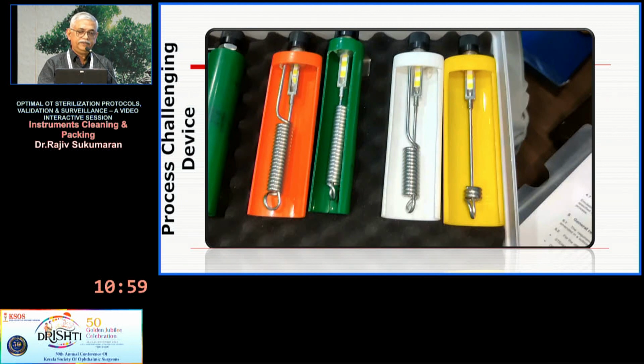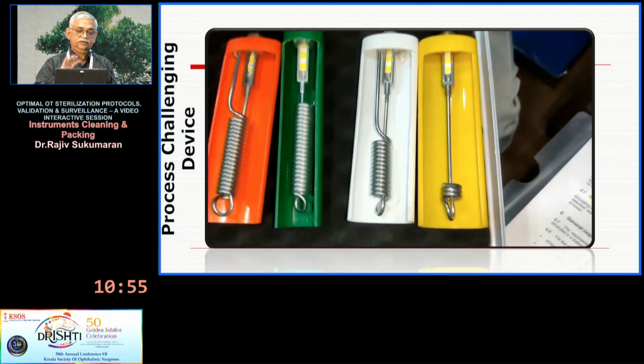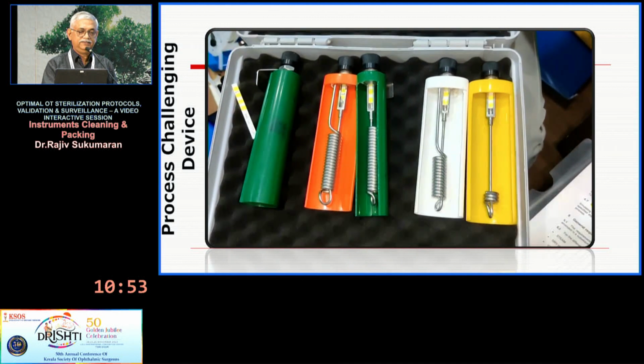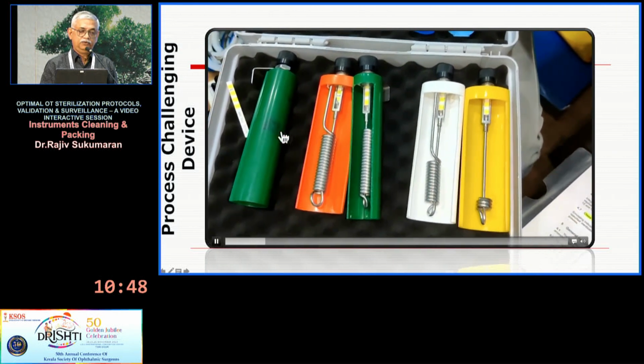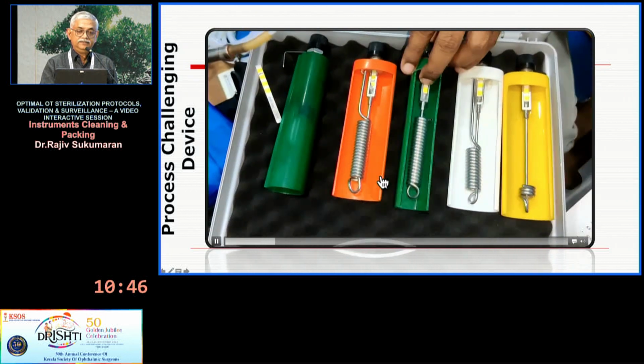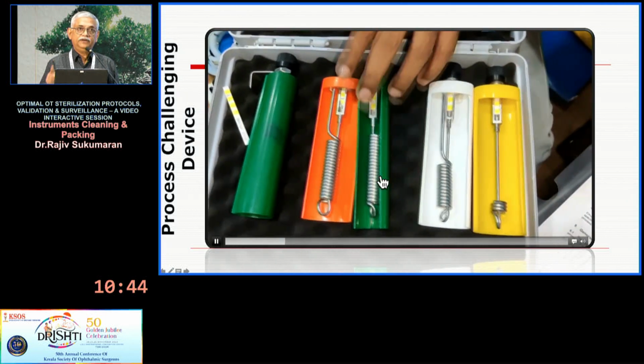This is cut open to show you how it looks inside. Actually, it will be fully covered. You will not be able to see these tubes and all, like what you see in the green part. The open part is this one. The different colors are for different specialties.